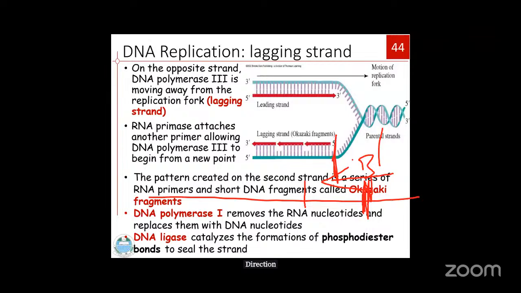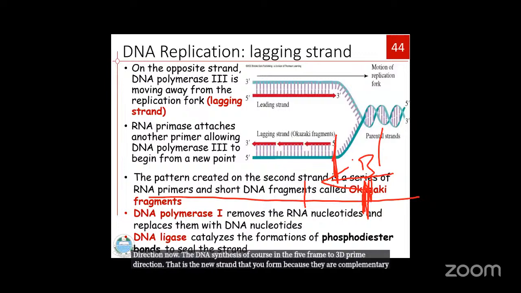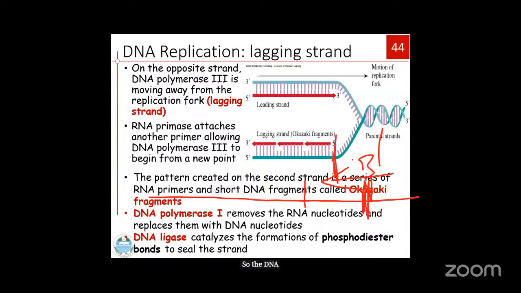But DNA synthesis occurs in the 5' to 3' direction. That is the new strand that you form, because they are complementary. Because the leading strand is 3' to 5', the new strand will run anti-parallel to the old strand, right?